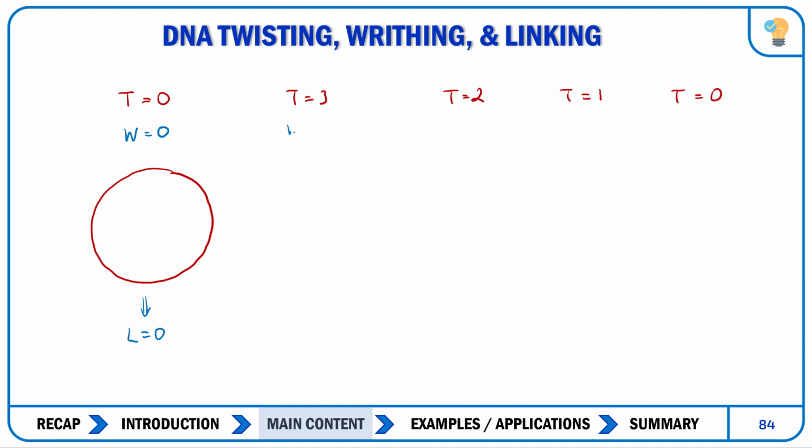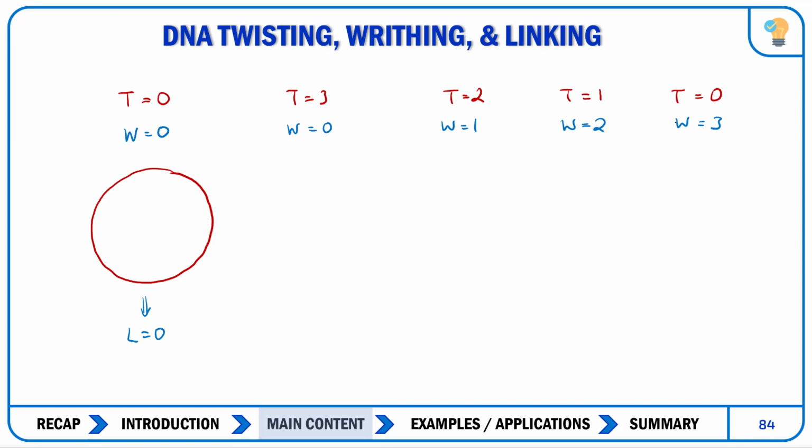We have W equals 0, W equals 1, W equals 2, and W equals 3. So you probably noticed something with all 4 of these combinations. If I add up T and W, you get a total of 3. So linking is actually the summation of both twisting and writhing.